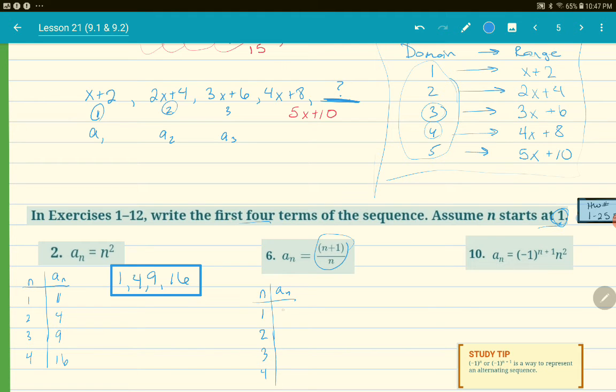So that's 2 over 1, or just 2. And when I plug in a 2 for n, I get 3 over 2. When I plug in a 3 for n, I get 4 over 3. And then when I plug in 4, I get 5 over 4. So there's the first four terms of my sequence.